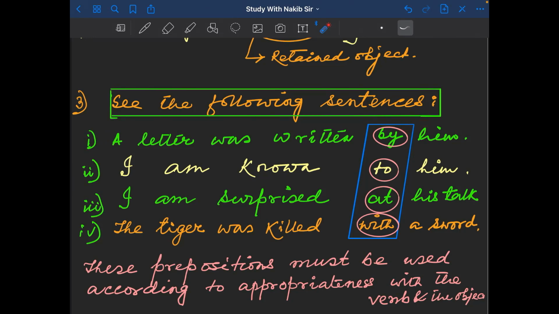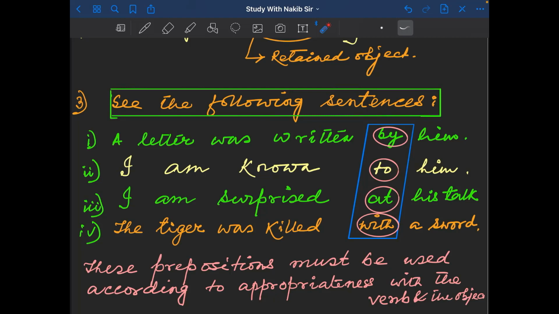to him, is the passive voice. But in the exam hall if you write "I am known by him," your answer is technically correct. You will get the full marks. But I will suggest that you use "I am known to him."